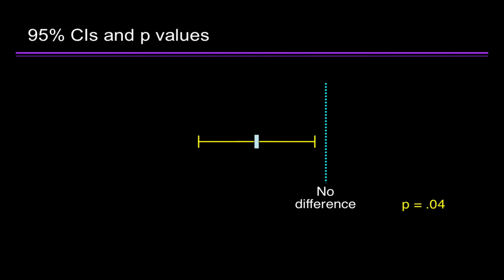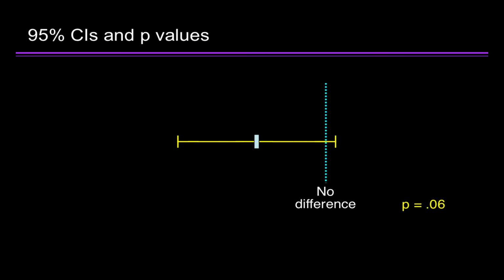Now it's almost touching no difference. That means p equals 0.04. It's almost touching. And if it touches exactly, then p equals 0.05. That's a fun thing to know. Tell your friends about that.